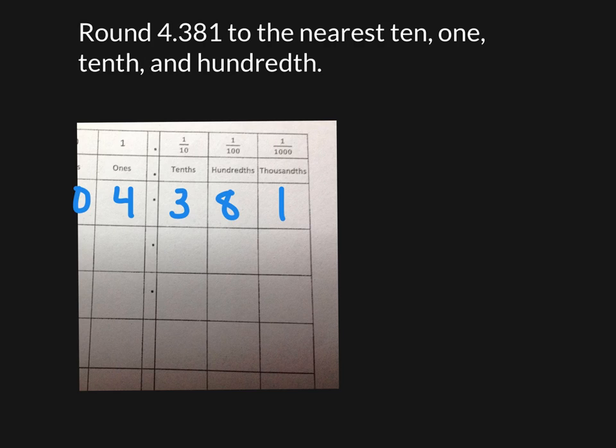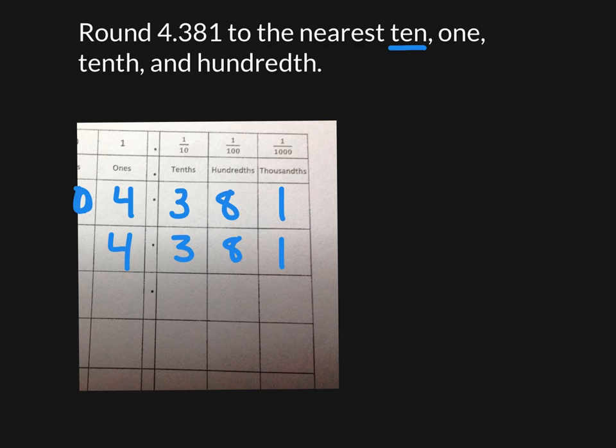Okay? And I know for this one, my answer will be in between 0 and 1. So I need to decide, am I rounding down to 0 or up to 1 when I'm rounding to the nearest 10. When I round to the nearest whole or the nearest 1, then I'm going to write 4 wholes, 3 tenths, 8 hundredths, and 1 thousandth.